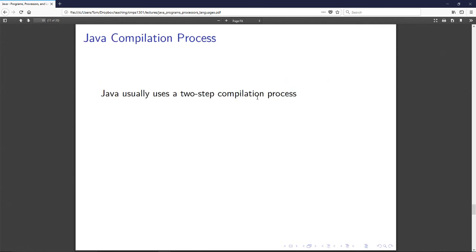So now that we know about machine language and high-level languages being translated by a compiler or interpreter, it's now time to talk about the process specific to Java.